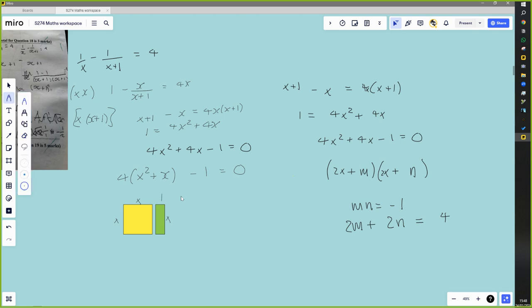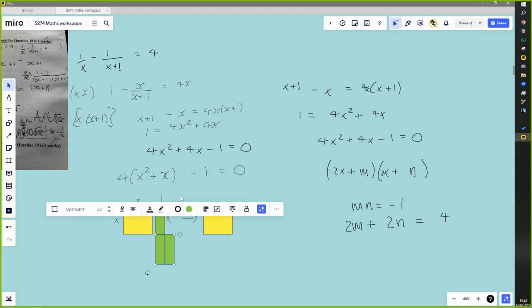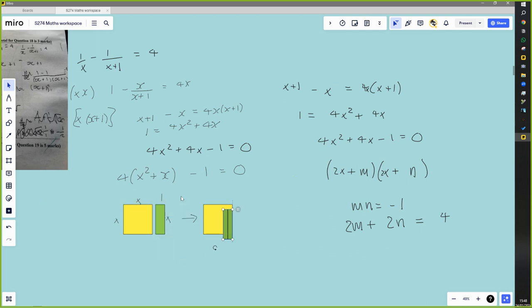So that's just 1x. We would then split this one down the middle. Just so you can see it a bit more easily, I'm going to make that so we can see that I've split it in the middle. Take this one and put that there.